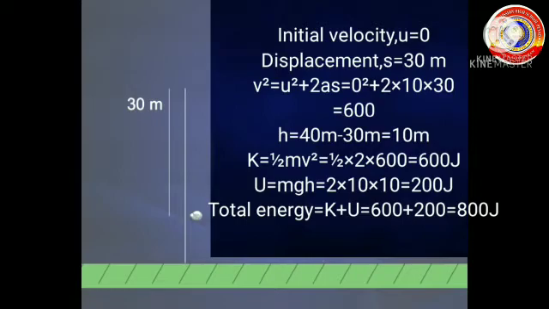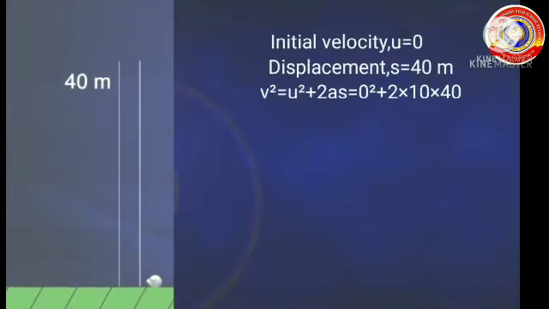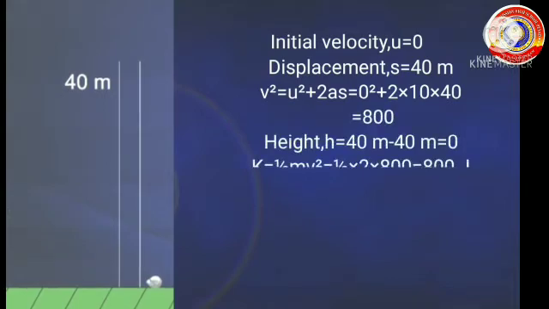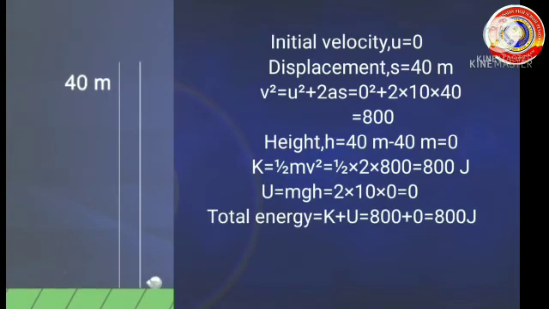And finally, the stone reaches the ground by covering all the distance, that is, here the displacement s is 40 meter, and at that time initial velocity u equals 0. V square equals u square plus 2as, that is 0 square plus 2 into 10 into 40 equals 800. Here v square is 800. And height h equals 40 meter minus 40 meter equals 0.